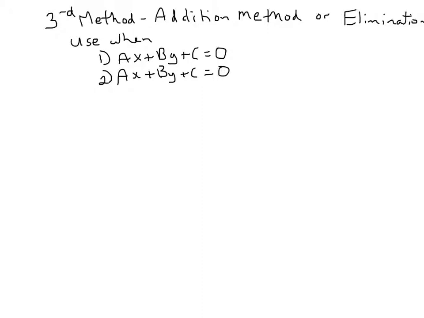So here's an example of how this looks. And I'll walk you through with steps the same way I did before. There's a few more steps in this one than there are in the other two. So example. We have 3x plus 7y equals 8.